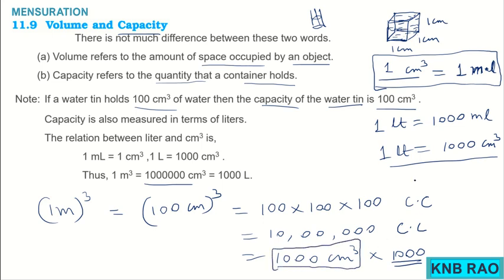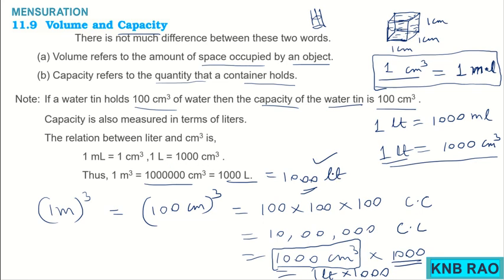It is 1 liter. That means it has now become 1 liter into 1000, which becomes 1000 liters. That is how it has come. So 1 meter cube is 1000 liters.